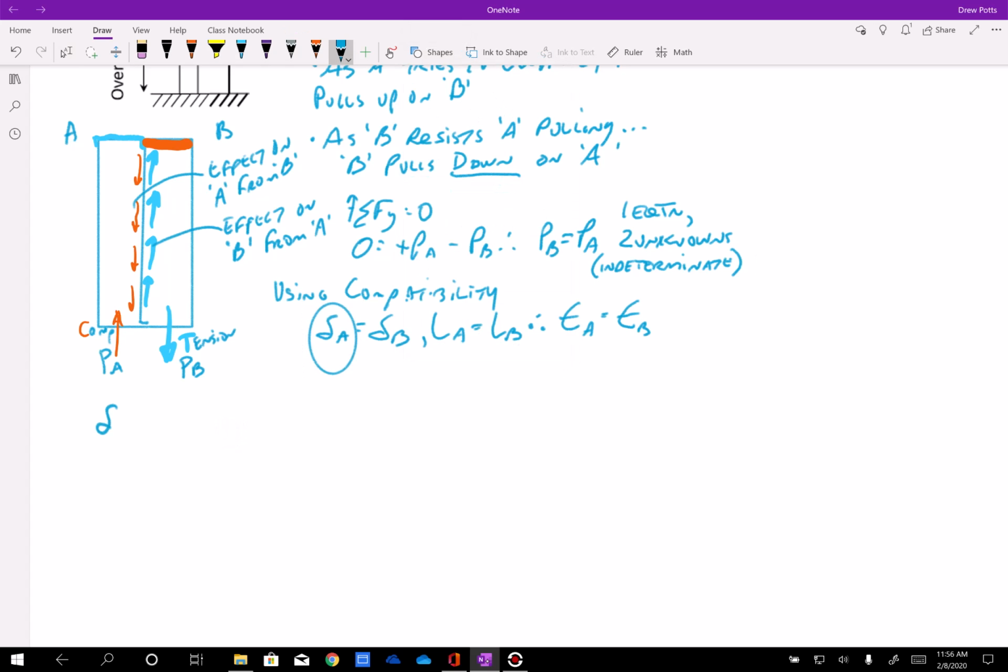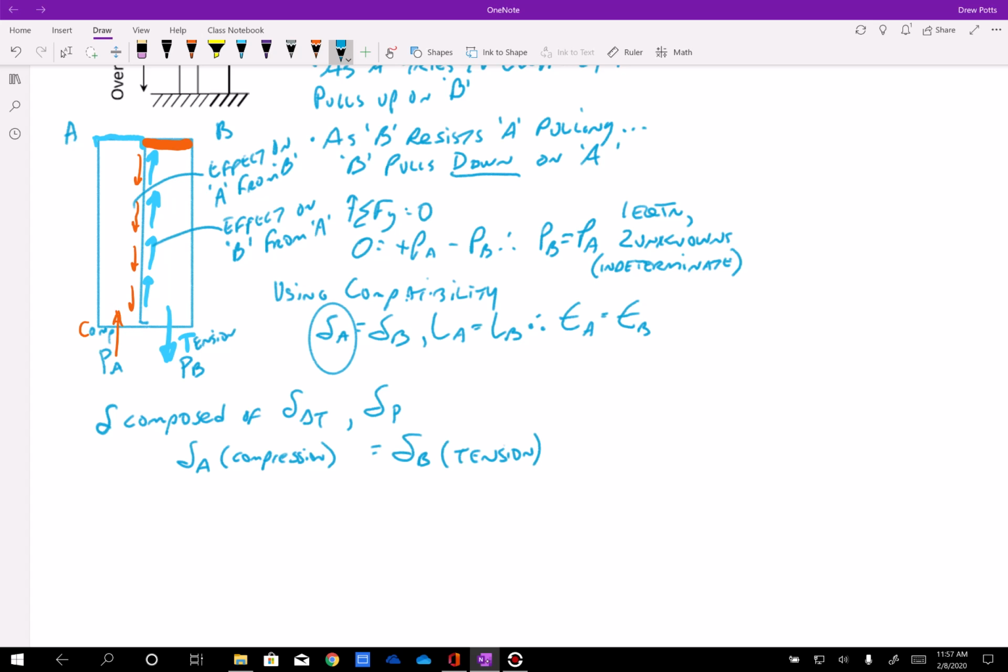Delta is composed of two components. We have a delta due to the temperature change, and we have a delta due to the applied force P. Let's write those equations. Delta A, remember it's in compression, has to equal delta B, and remember it's in tension.